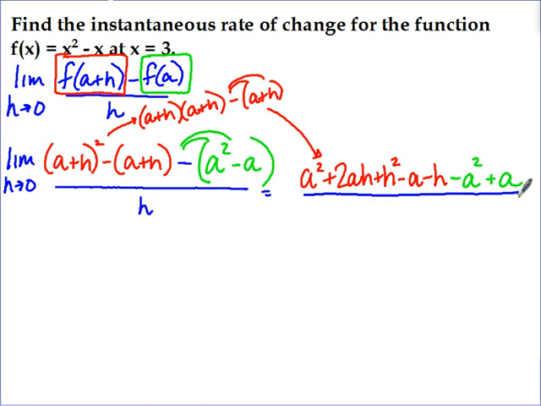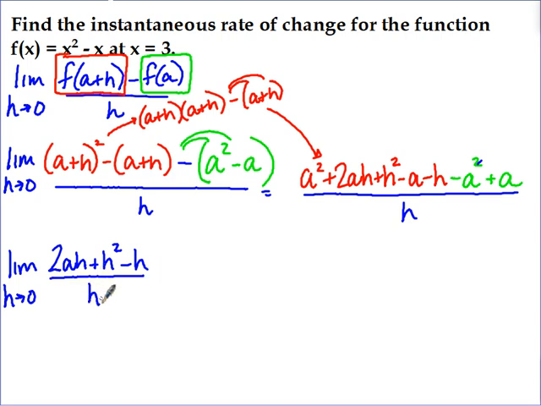So now again, things are going to subtract away. My a squareds subtract away, my a's subtract away. So I'm left with just 2ah plus h squared minus h all over h. I know that's a lot of h's. That's what we're left with. All my a's cancel away, or subtract away. So now I can factor out the h. I'm left with 2a plus h minus 1. The h's will cancel.